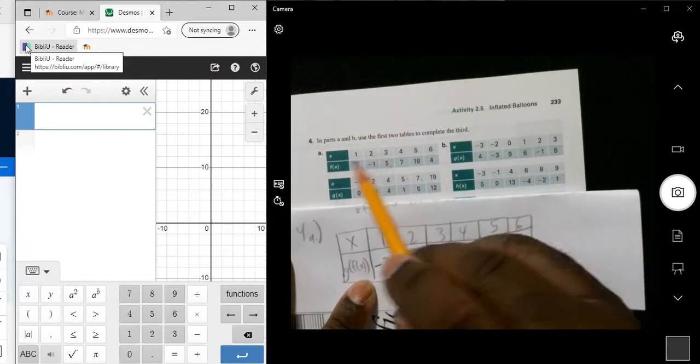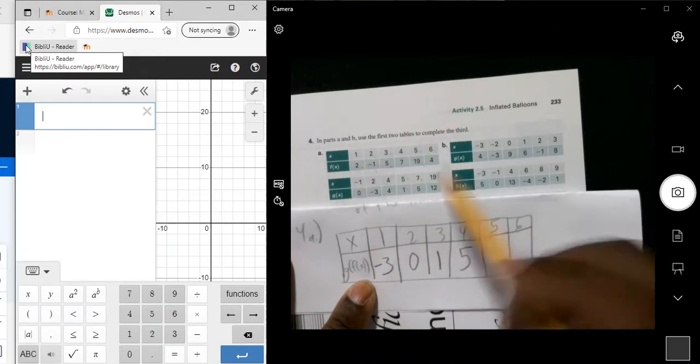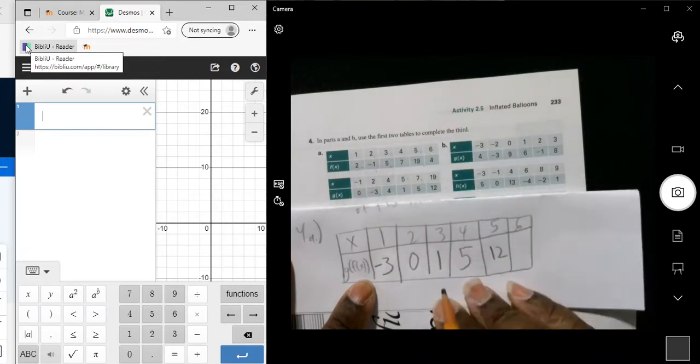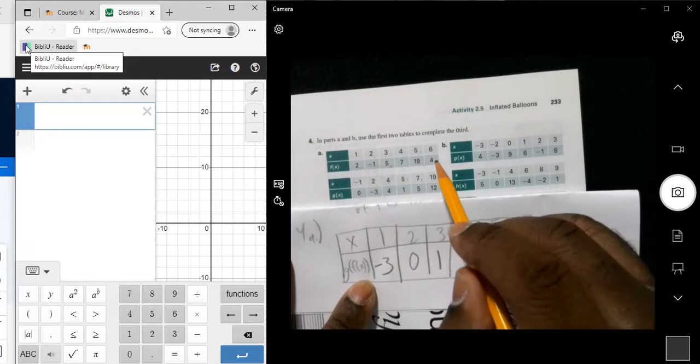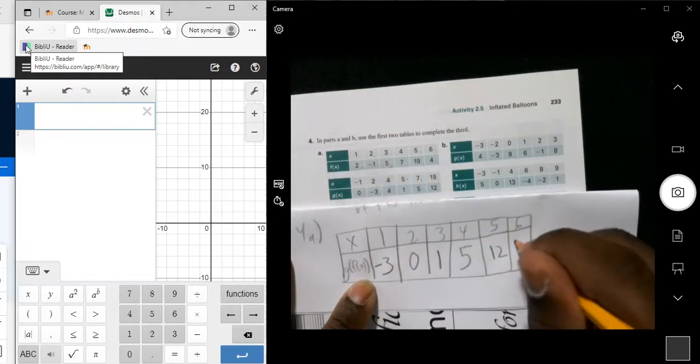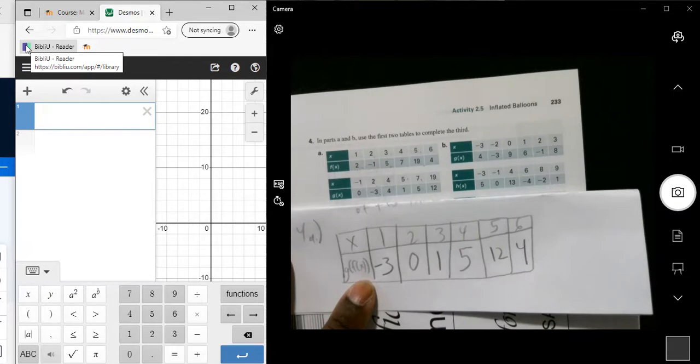Now f of 5 is 19, and g of 19 gives us 12. Now we have 6. f of 6 is 4, and g of 4 is also 4. And that's it for A.